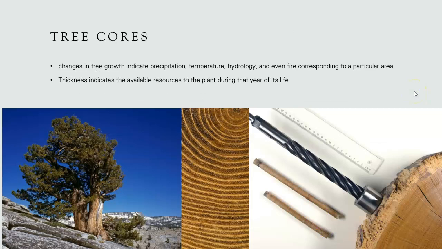Tree cores, very important, also called dendrochronology. It interprets the past events based on tree rings. So samples are obtained by a borer, a simple metal tube, and it goes right into the bark, and the rings are sequenced with other cores from other trees and made into a big long procession.